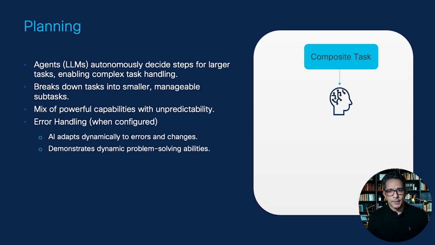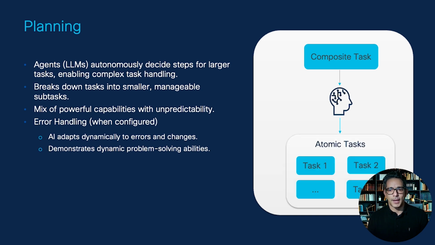Moving to planning. Planning is key for AI agents to accomplish complex tasks by breaking those down into smaller, manageable steps, right? LLMs autonomously decide the sequence of steps to accomplish those tasks. For example, an LLM can break down an online research task into smaller subtasks while researching subtopics, synthesizing findings, and compiling a report.